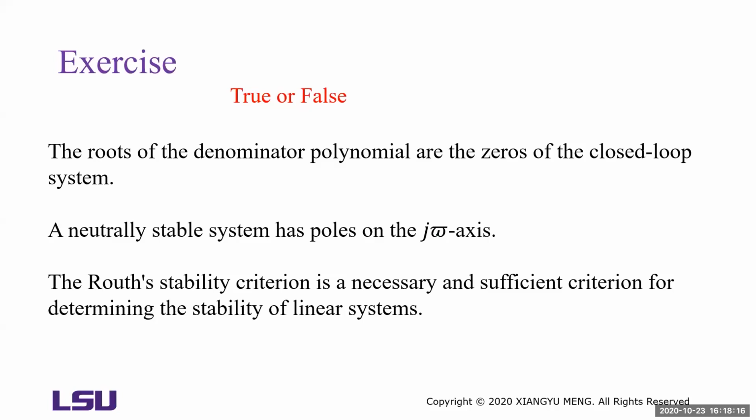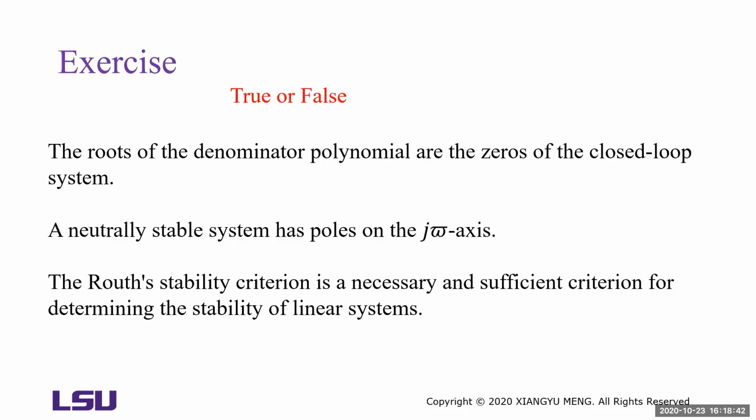A neutrally stable system has poles on the imaginary axis. True, I say it's true. But if I say it this way: if a system has poles on the imaginary axis, then the system is neutrally stable. Is it true or false?